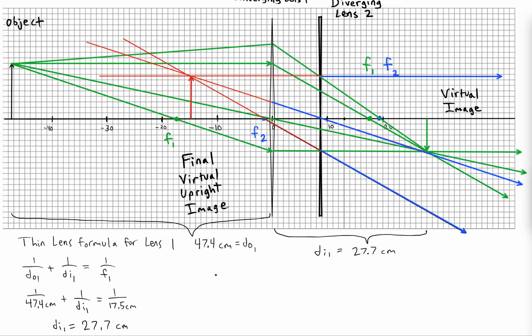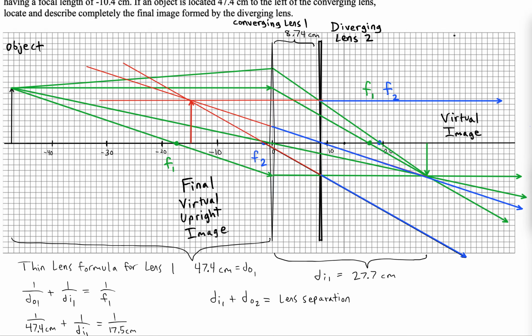Now we want to find the object distance for lens 2. So we'll do DI1 plus DO2 equals the lens separation. The lens separation is 8.74 centimeters, they had said.